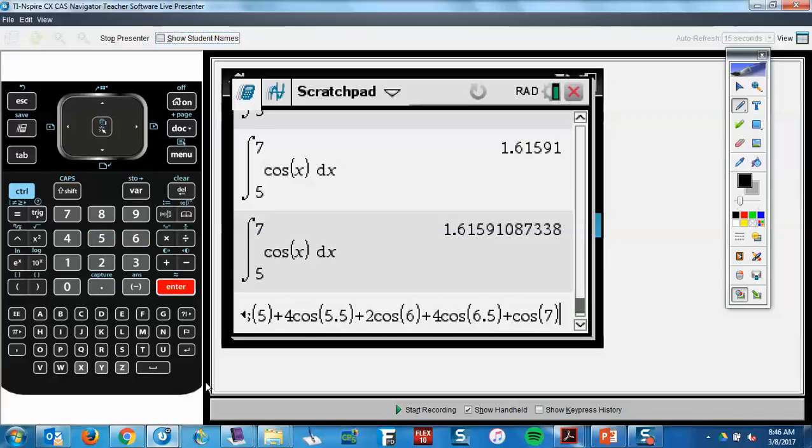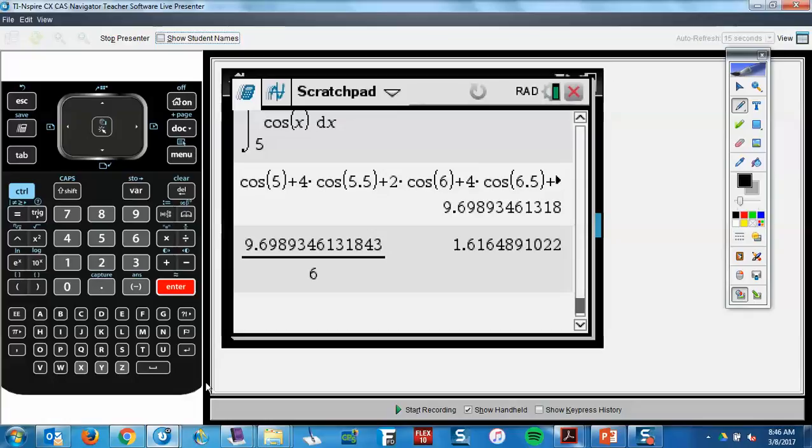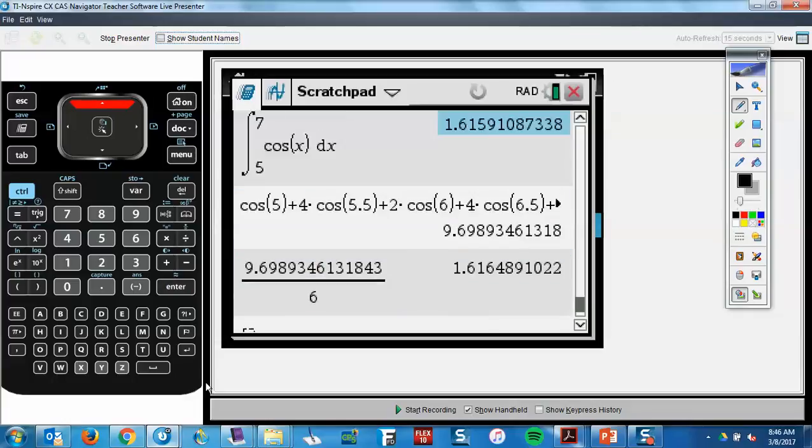Control enter. Divide by 6. Yeah, so arrow back up, what was your other one? See, so it's different, but it's close.